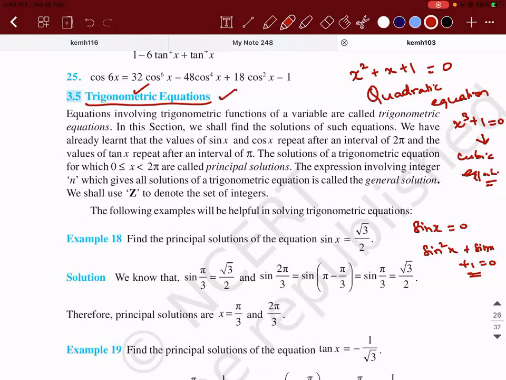So in these trigonometric equations, there are two things that you can find out.